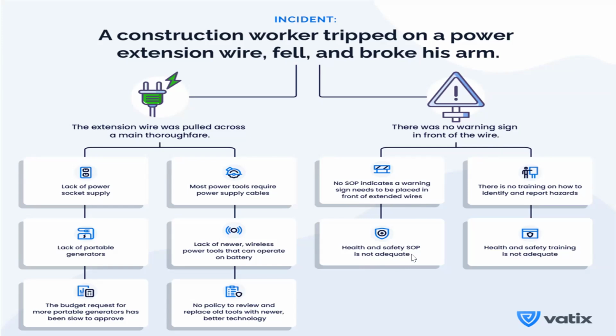Not adequate means it's not revised, as well as not communicated. If they revise but do not communicate, again there is a problem. There is no training on how to identify and report hazards. Actually, in this organization, what was the problem? There was no hazard spotting system in place. Health and safety training is not adequate.